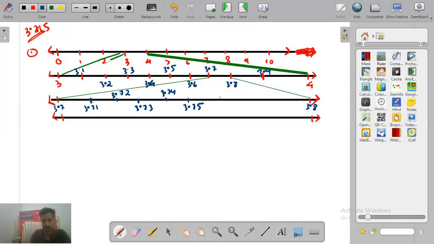Next will be your 3.76. Next will be your 3.77. Next will be your 3.78. Yes or no? 3.78. Next will be your 3.79, and next will be your 3.8. Now again see, this is 3.78. Okay, this is 3.77.